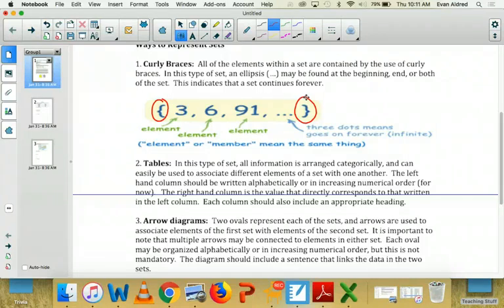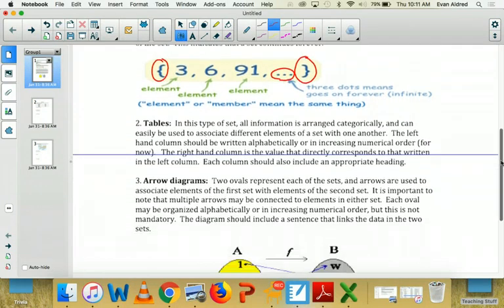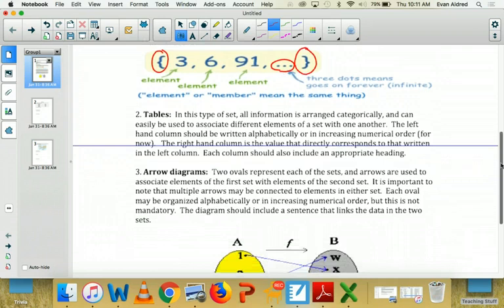If it's a set that goes on forever, you'll see 3 periods at the end. This is called an ellipsis, and it denotes that a set just goes on forever. You'll see ordered pairs often represented inside of curly braces, and we'll get to examples of that a little bit later on.